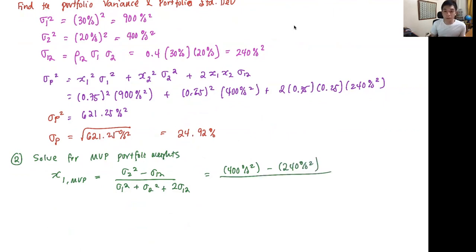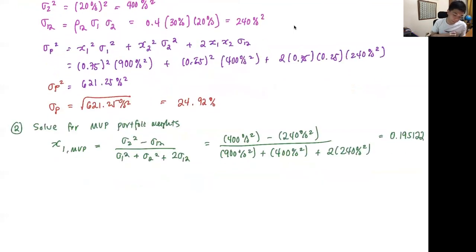Over sigma 1 squared, which is the variance, which is just going to be 900% squared, plus 400% squared, minus 2 times 240% squared. And if we get all of that, the percent squared will cancel out. We're going to be left with just the proportion, which in this case is 0.195122, right?